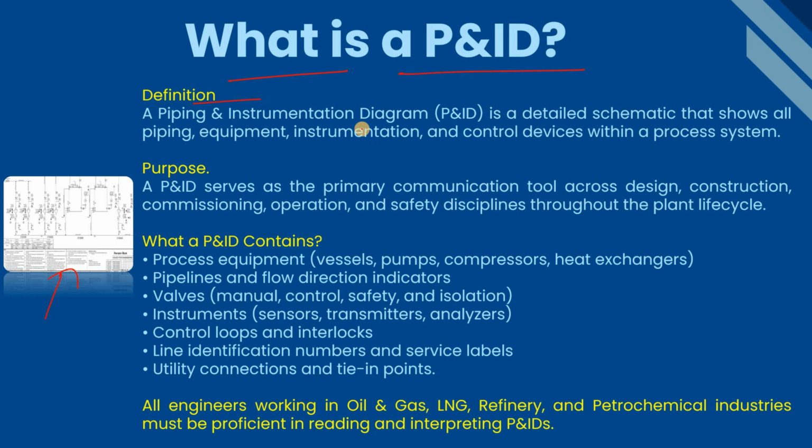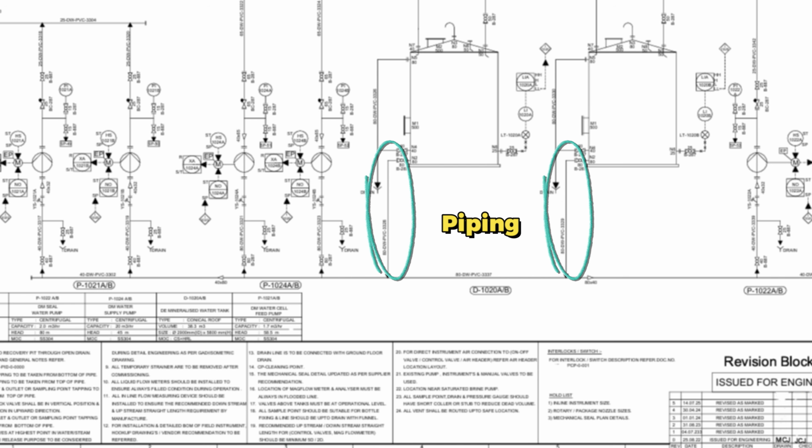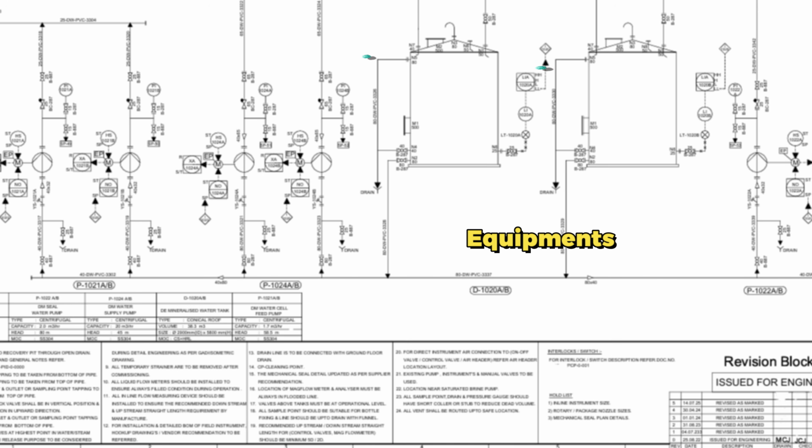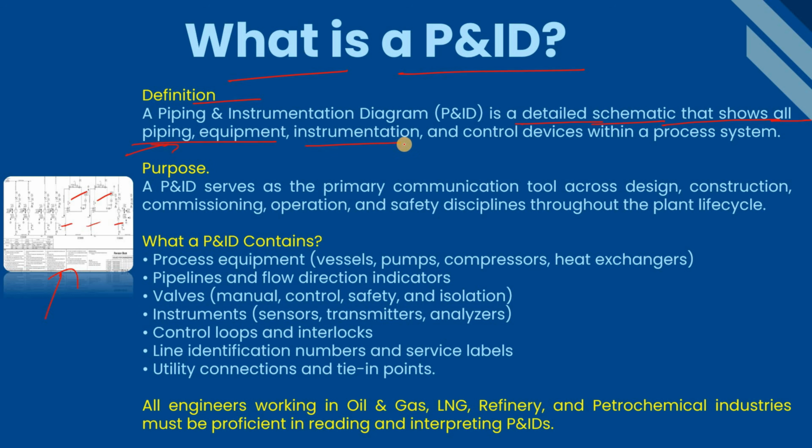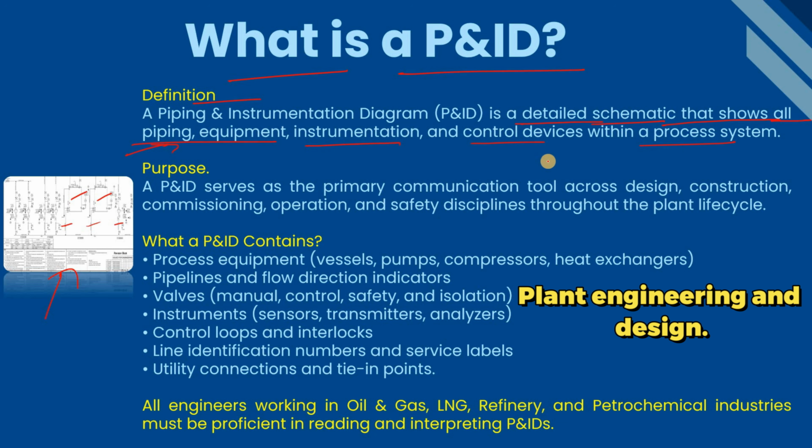A piping and instrumentation diagram is a detailed schematic that shows all piping, you can see here the piping, equipment, instrumentation and control devices within a process system. This is your P&ID. You can also say that it is the formal documentation of plant engineering and design.